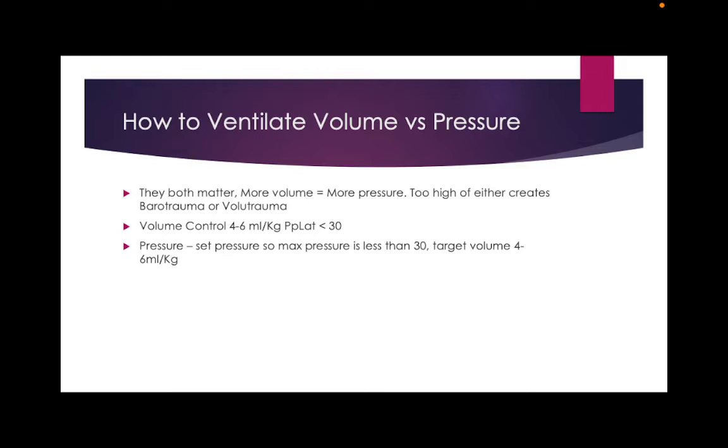If you're on volume control and your volume is set to 240, as your patient gets worse, what is going to change? What's going to increase? Their pressure, right? So we need to watch their pressure. But if we're already at 4 mL per kilo, we have to accept that higher pressure, okay? If you're on pressure control and your pressure control is set, so your max pressure is 30 and your volume is 240, what's going to happen if your patient gets worse?